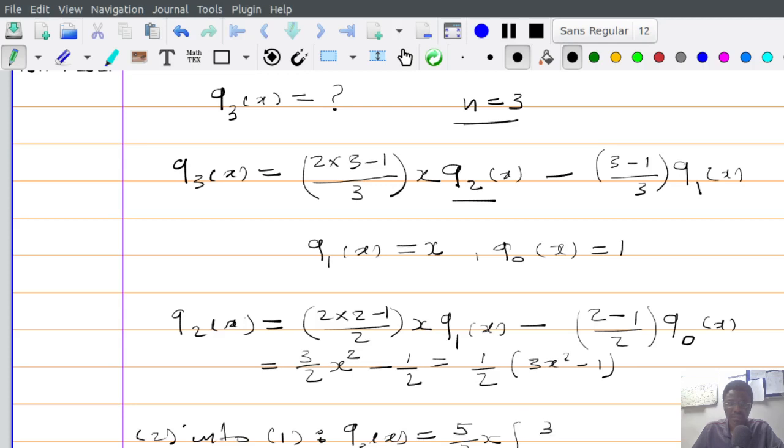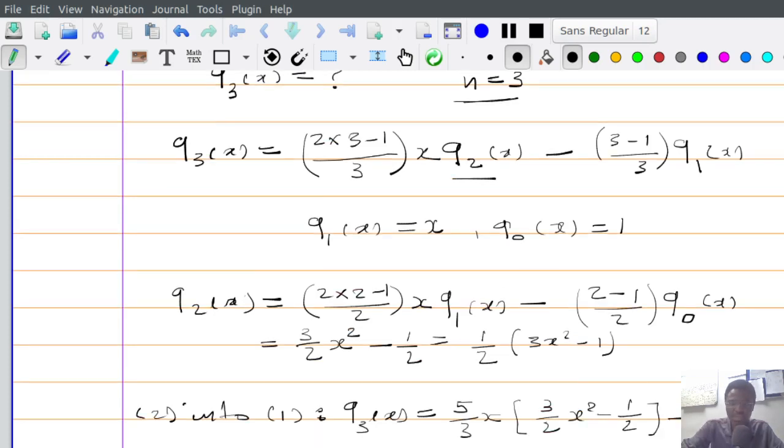Let us write 3 by 2 x squared minus 1 by 2. The next one is minus 2 by 3 Q1. Q1 is x, so we have this one.